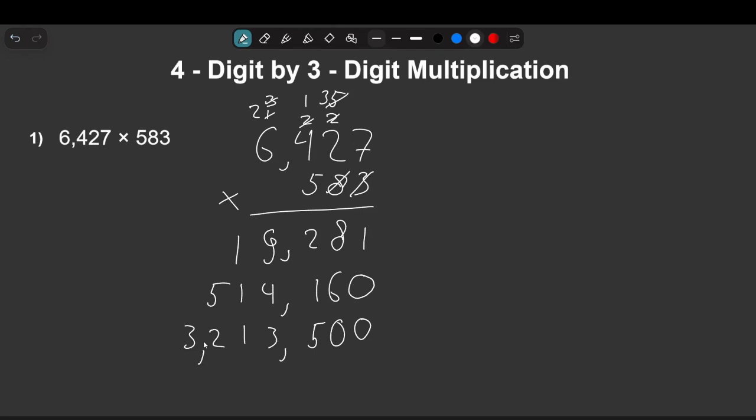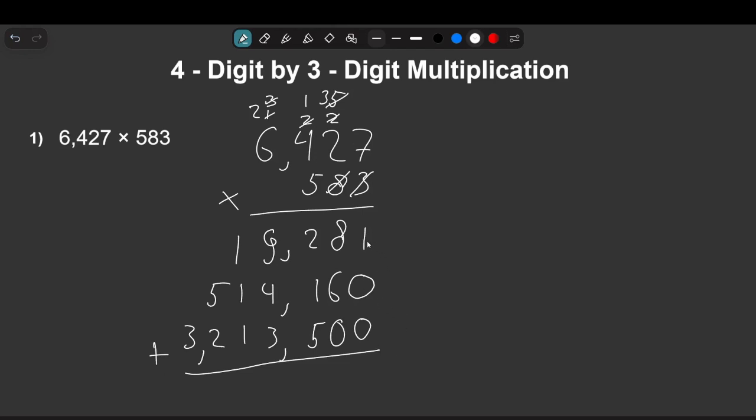Now, what we do is we add all of the 3 big numbers together. So we're going to add these 3 together. To do this, we're just going to do the normal way, like this. We're going to add from top to bottom.